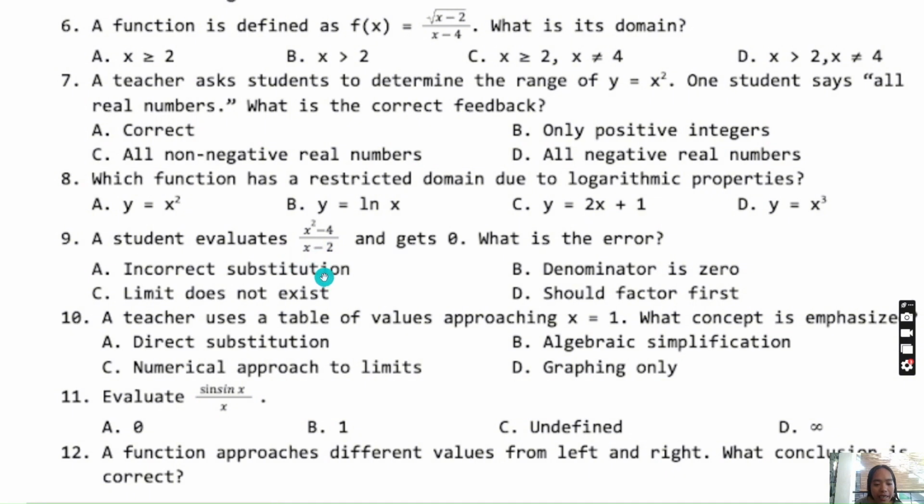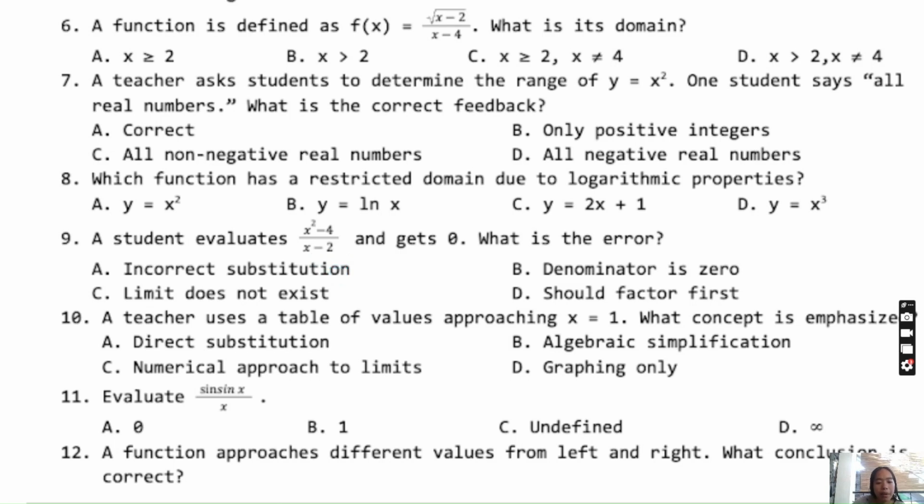After simplifying that, the function becomes x plus 2 except at x is equal to 2, because we can cancel x minus 2 and x minus 2. So that is why the correct answer is letter D. We should factor it first.